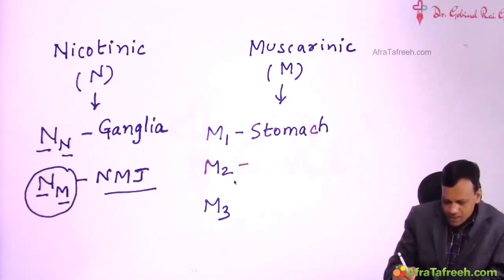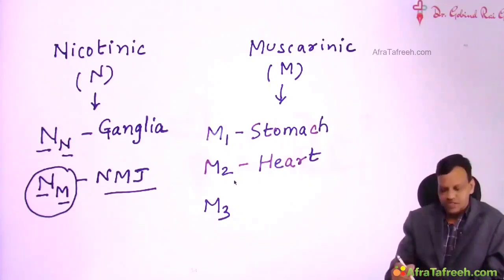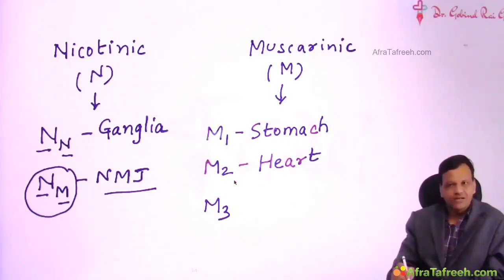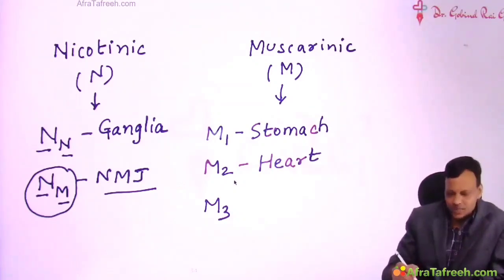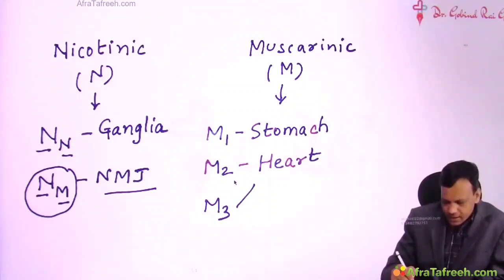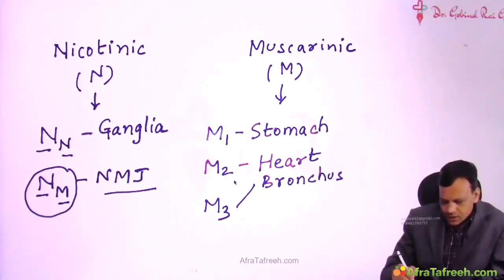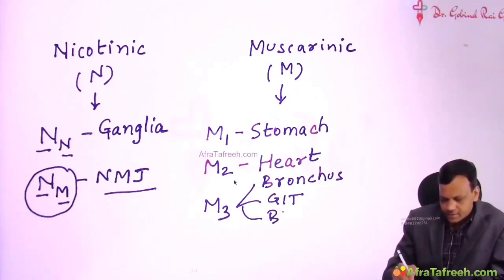Now M2 is present in heart. So when we stimulate M2, it will depress the heart. So that can result in bradycardia. On the other hand, M2 blockers can lead to tachycardia. Then M3 is present at all other places, like in the bronchus, in the GIT, in the bladder, in the glands, in the pupil.